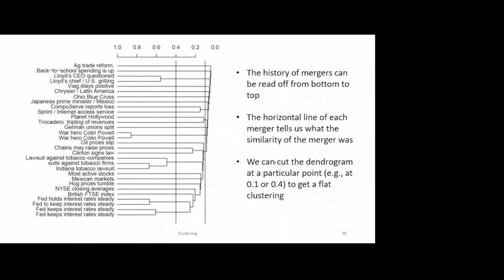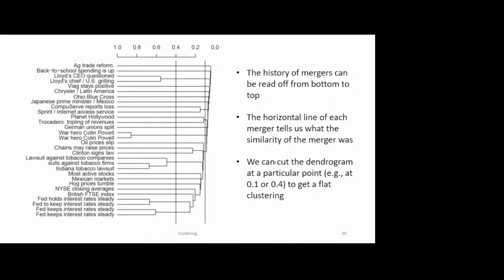For example, these two are most similar, so we merge them first. Then the second merge is these two documents, and also these two documents. These documents have a very similar sentence, so they have a high similarity. And so on, until all the data points are merged into one cluster.